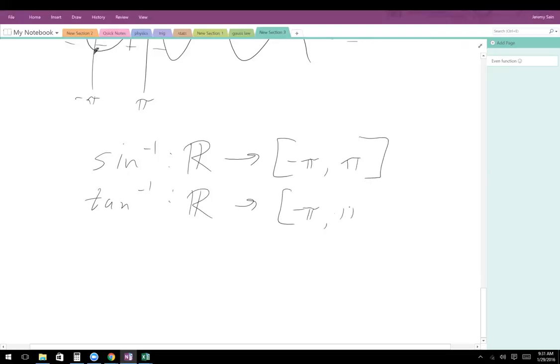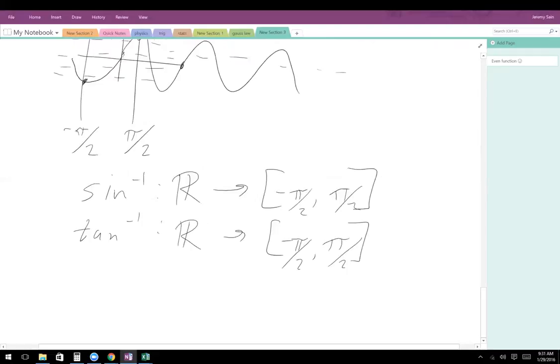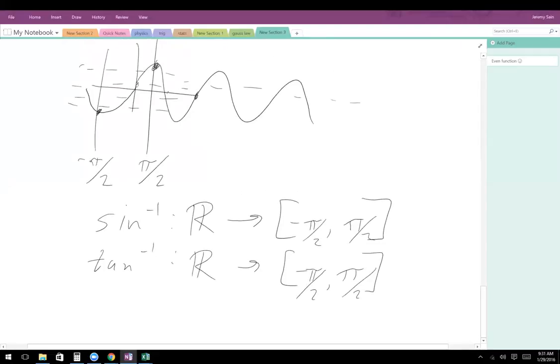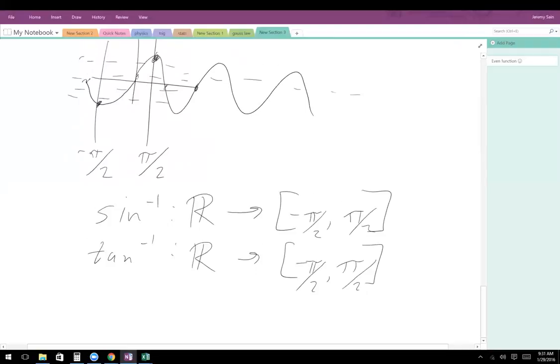I just said minus pi to pi on both of those, didn't I? I just lied to you. Those pi's are all pi over 2's. Sorry. Pi would be out here where it hits 0 again on the edges. But the top and bottom are plus or minus pi over 2.